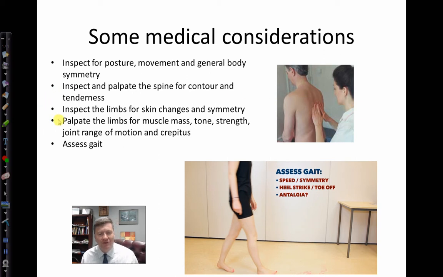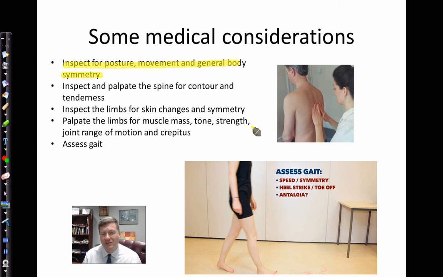And some of this will get into muscle conversations that will be happening next week or the week after. But things like inspecting for posture, movement, and general body symmetry. We're looking for things that suggest irregularities, like one shoulder is lower than the other, or they have some rotation, their hips are not quite aligned, or they have some swelling or tenderness in different parts of the body that suggest skeletal concerns.